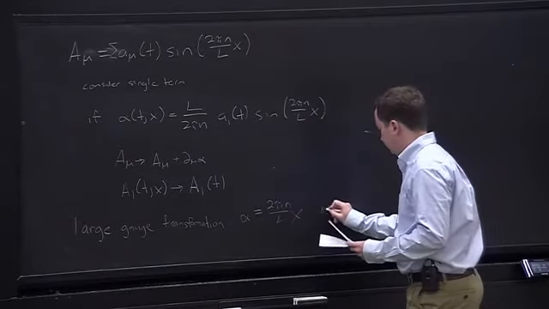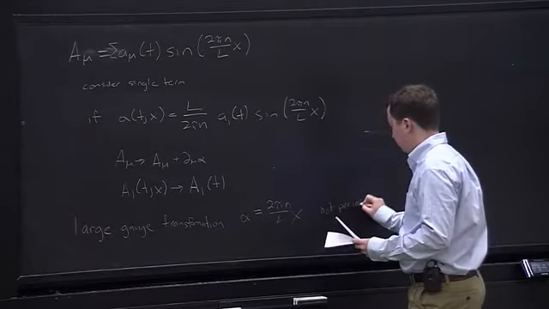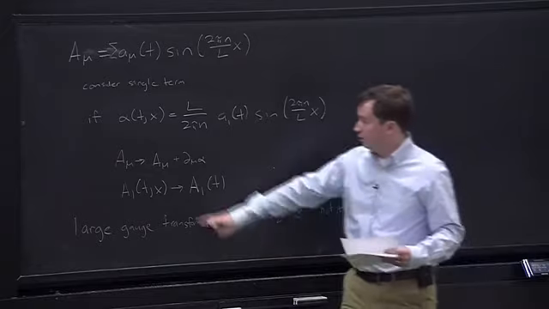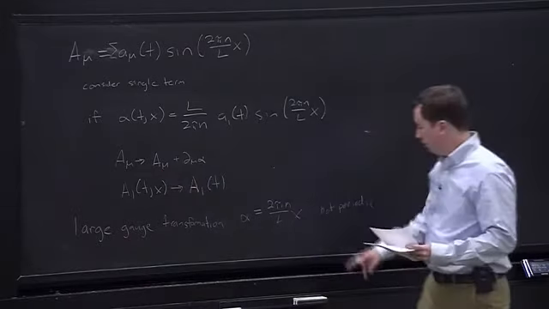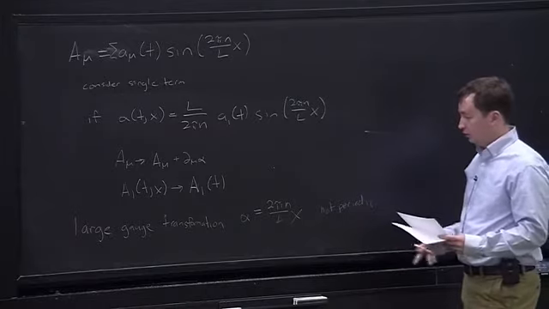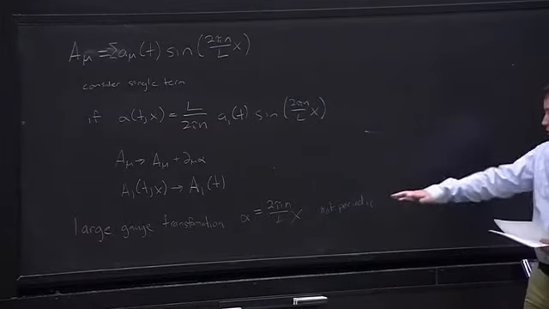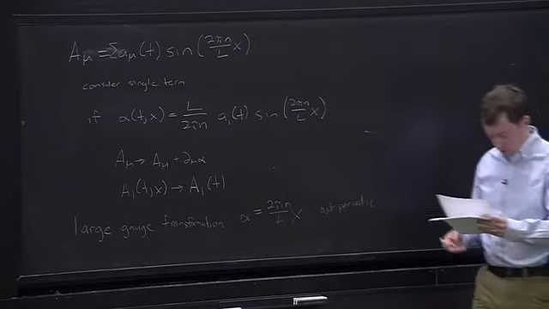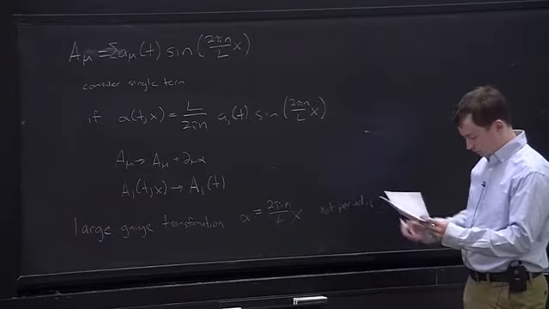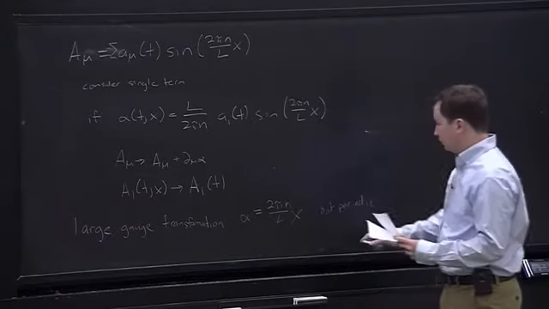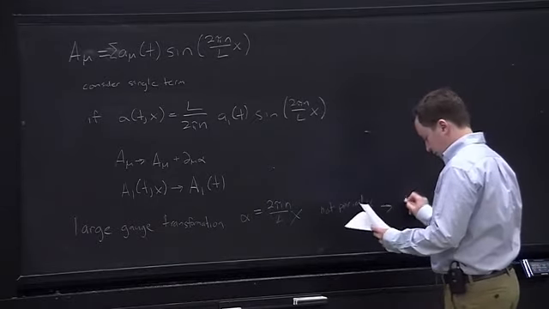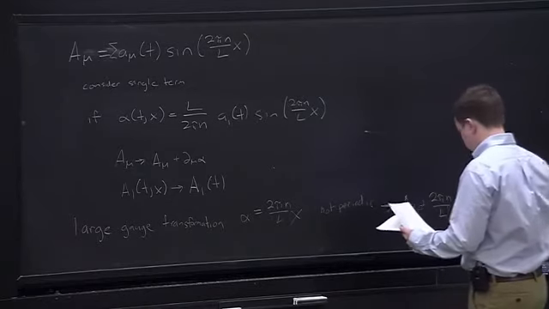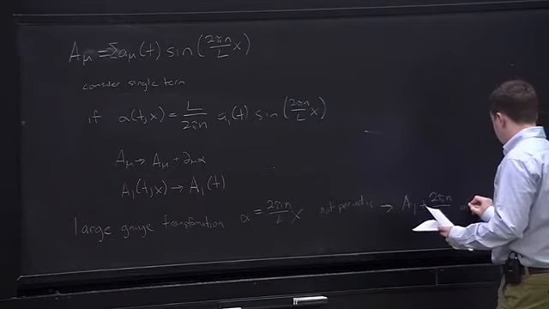So this is not periodic, which may worry you, but all that we really care about is that the gauge field itself is periodic. And after we take a derivative, 2 pi n over L is just a constant, which is periodic. So this respects the periodicity of A_mu. So this tells us that A1 plus 2 pi n over L are all gauge equivalent.